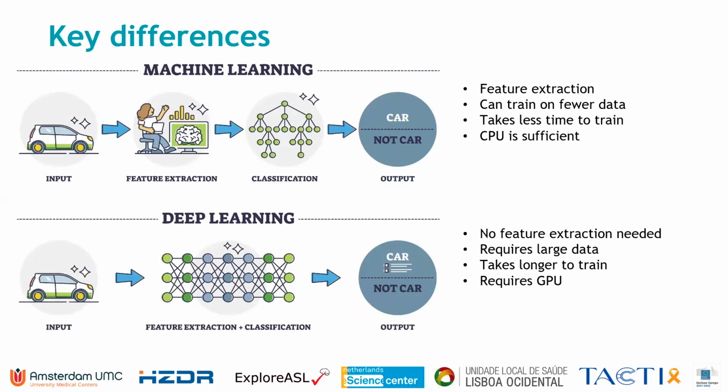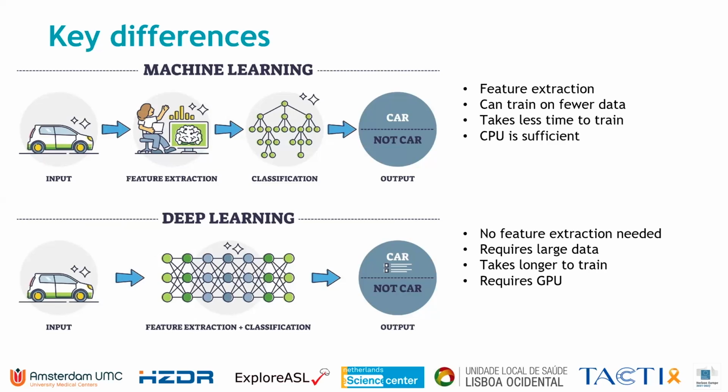So we have to perform additional analysis that leads to one of the Excel sheets that we could then use as an input for our algorithm. Typically, it uses less data than deep learning, takes generally less time to train, and is more computationally efficient, or requires less computational power.